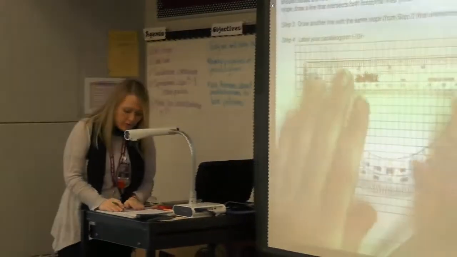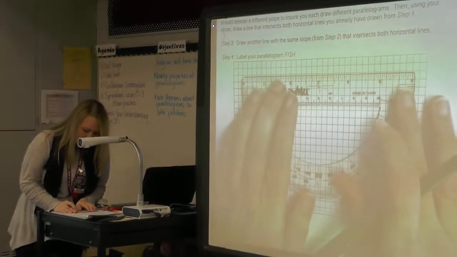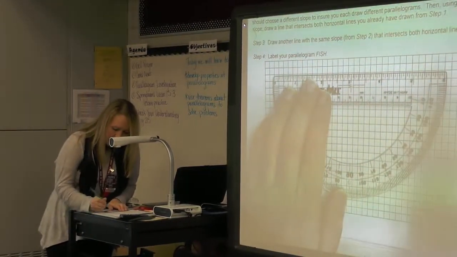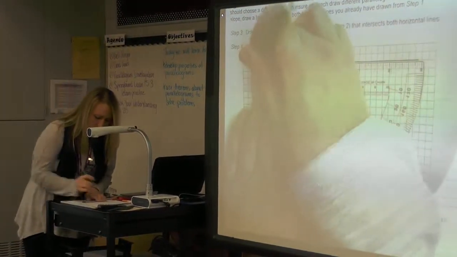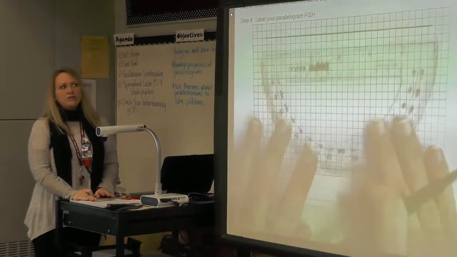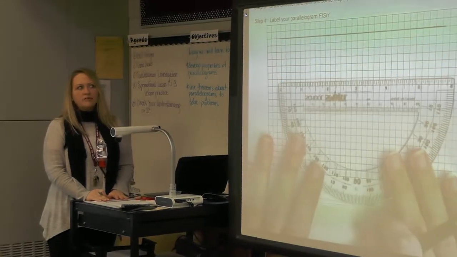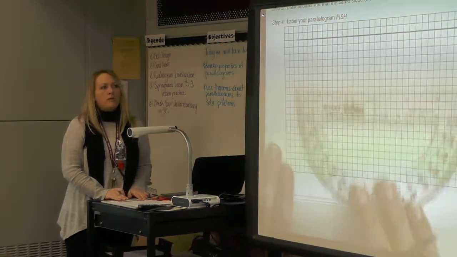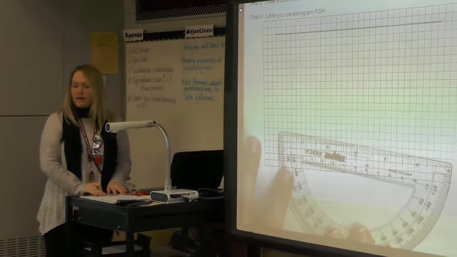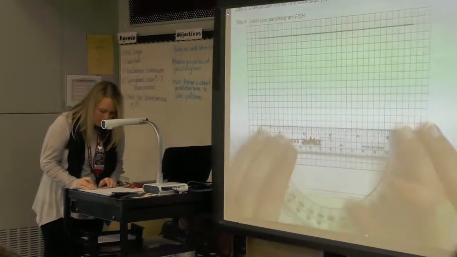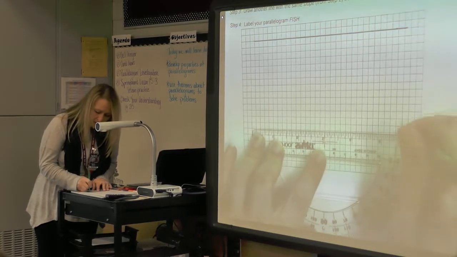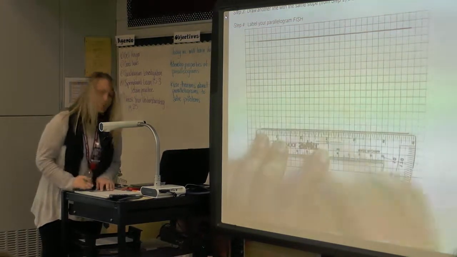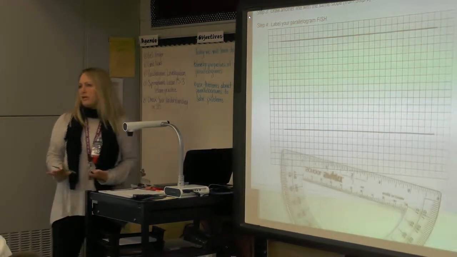So watch first. I'm going to take anywhere on my grid, use these horizontal lines that are there and my straight edge, and make one really long horizontal line. Then anywhere else on the grid, maybe I stop only after a few rows, or maybe you go all the way towards the bottom, but you're going to draw another horizontal line. Eventually, those are going to become 2 sides of our parallelogram.